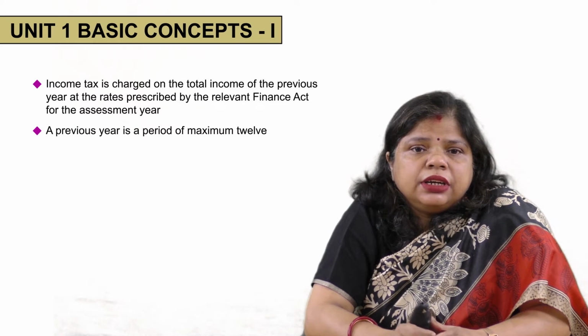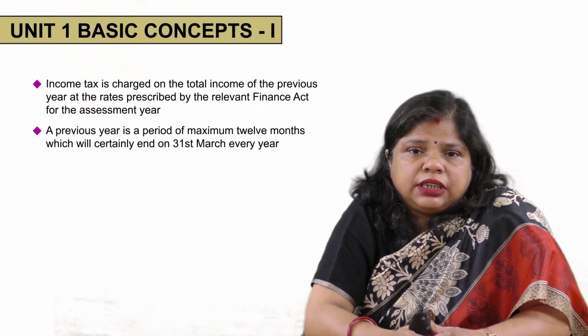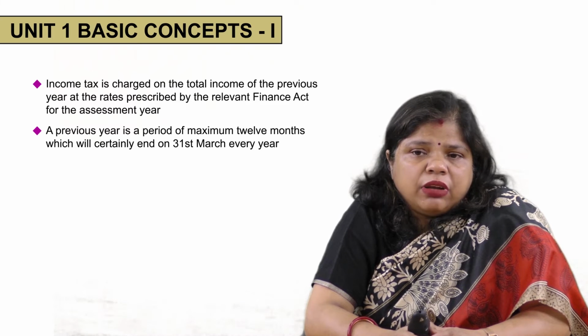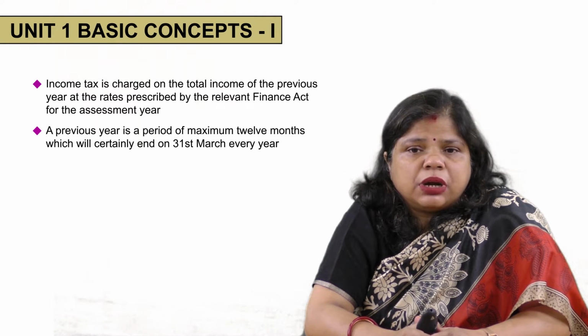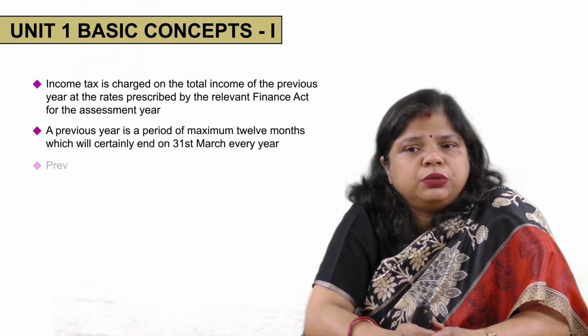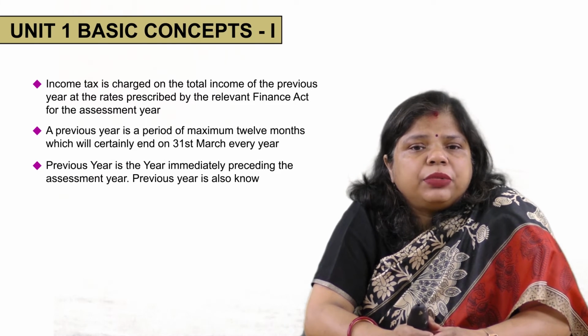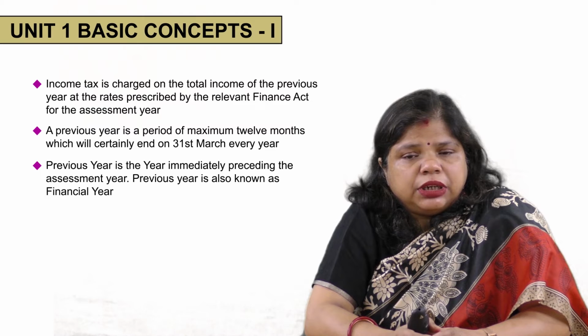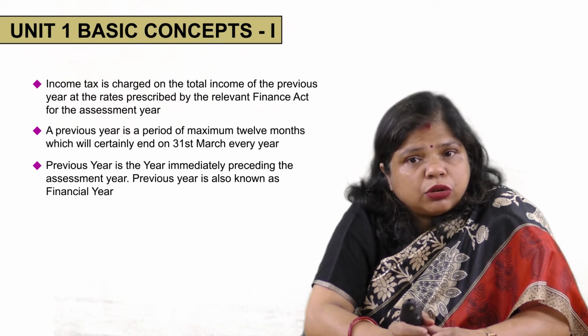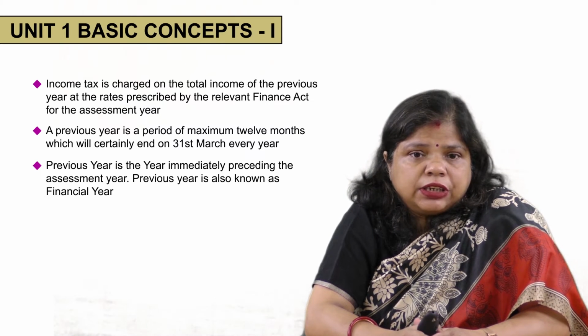A previous year is a period of maximum 12 months which will certainly end on 31st March every year prior to the assessment year. Previous year is the year immediately preceding the assessment year. Previous year is also known as the financial year.